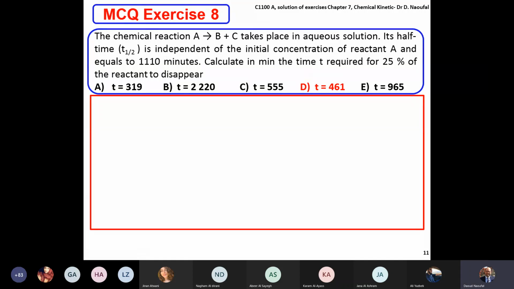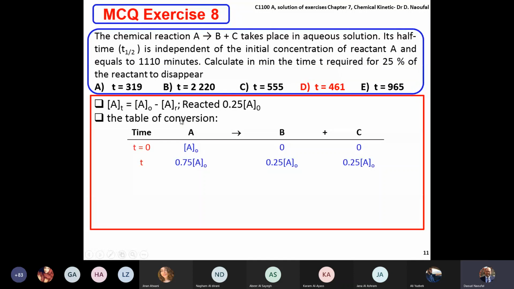In this type of exercises, when we want to calculate the concentration of reactant or product at a certain time, I prefer to construct the table of conversion, or the table of advancement, for the reaction.